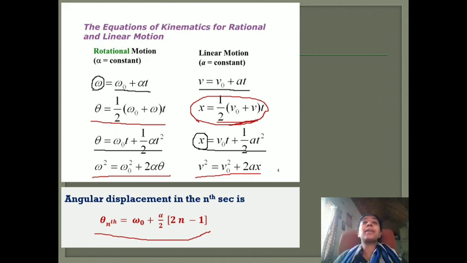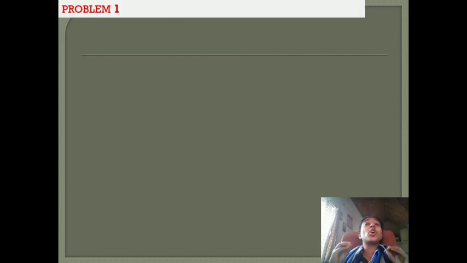We just replace the linear displacement, linear velocity and linear acceleration with angular displacement, angular velocity and angular acceleration in the equations of motion of kinematics for rotational motion. So that's all the basics of kinematics, or the analysis of objects when subjected to rotational motion with respect to a fixed axis.